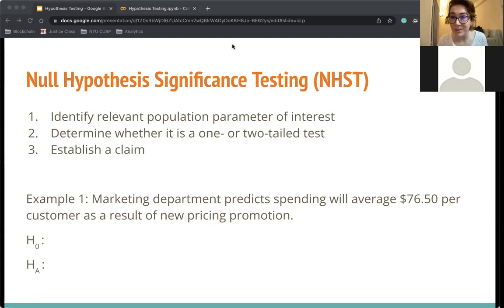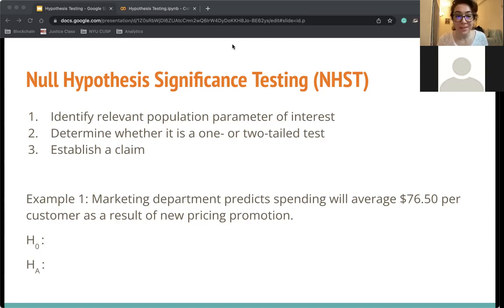So thinking back to those 2 scientists trying to see if jelly beans cause acne, the claim would be jelly beans have no relationship to acne as the null hypothesis. And then the alternative, essentially what they're trying to prove, is that jelly beans do cause acne. And they would establish the population parameter. In that case, they want to know the mean number of pimples, for example, if they're trying to measure this in an experiment.